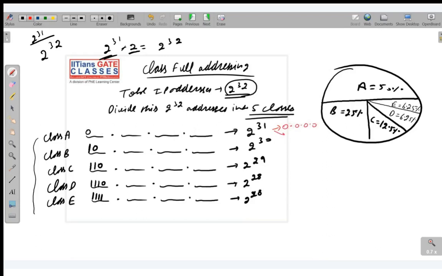What will be the last address of class A? You put all ones. If you put all ones here, what will you get? 127. Are you getting it? Because the first bit is 0, 7 ones is 127. Any doubt? And here 255, 255, 255. So 127.255.255.255.